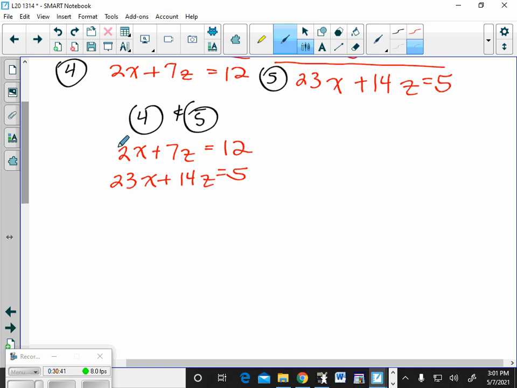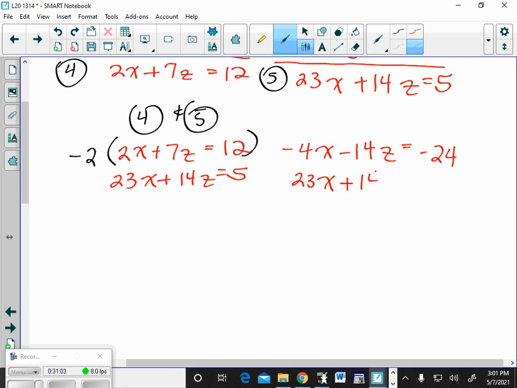Now we have to eliminate one of the variables. Notice the 7 and the 14. What if we multiplied this first equation by a negative 2? Let's see what would happen. A negative 4x minus 14z equals a negative 24. 23x plus 14z equals 5.